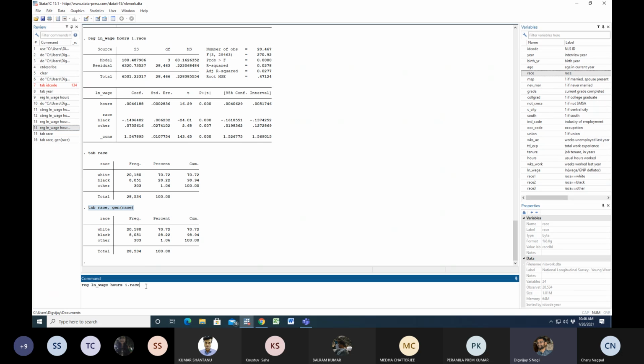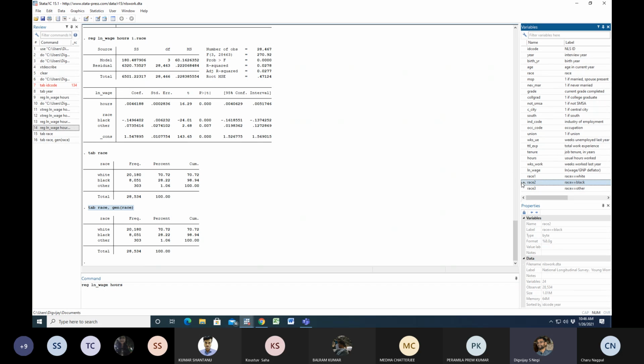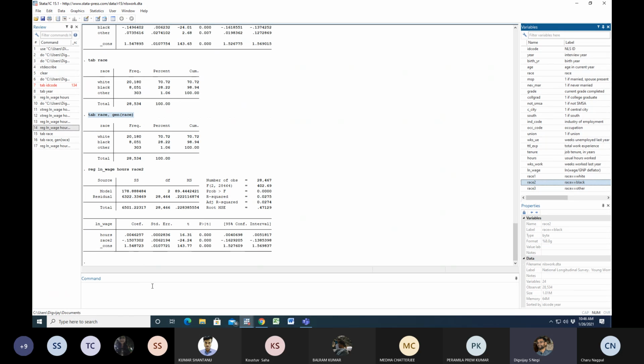So in this regression, if I now include a dummy variable for black, so race 2 is 1 if the individual is black and 0 otherwise, we observe that being black itself is associated with getting less wages in the labor market.